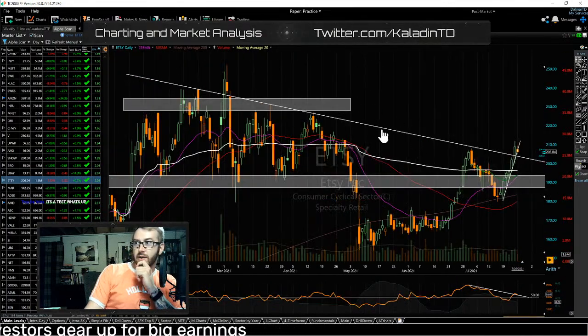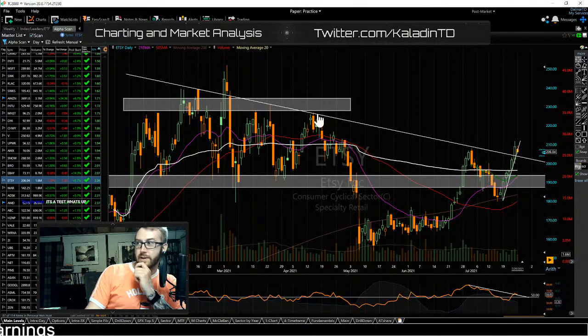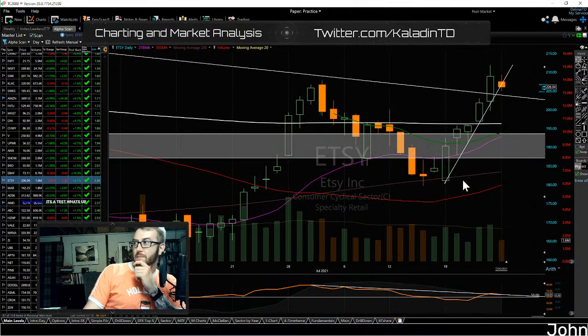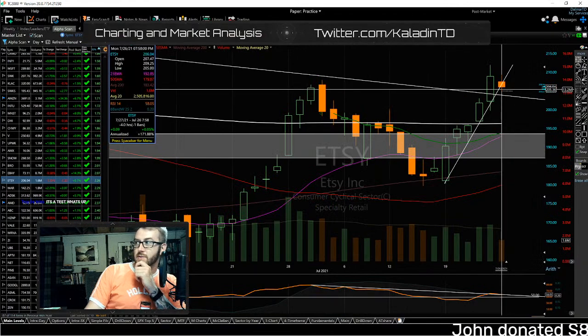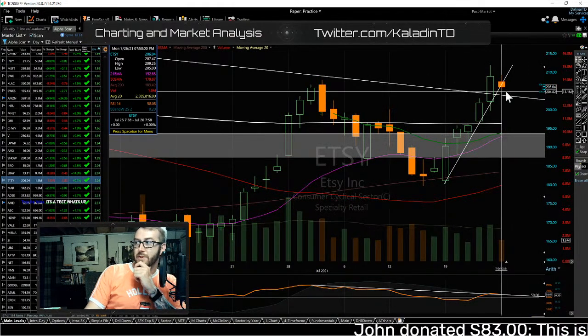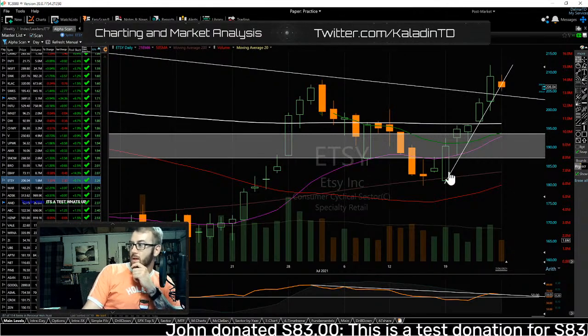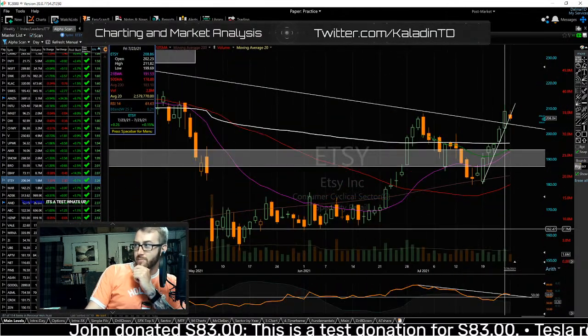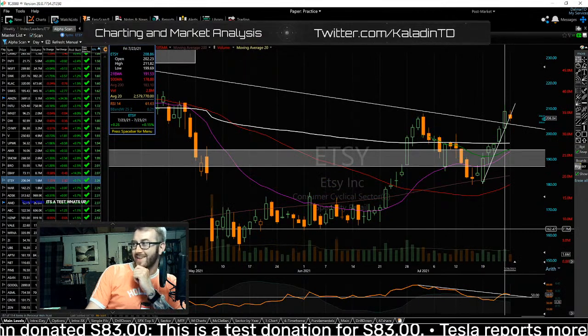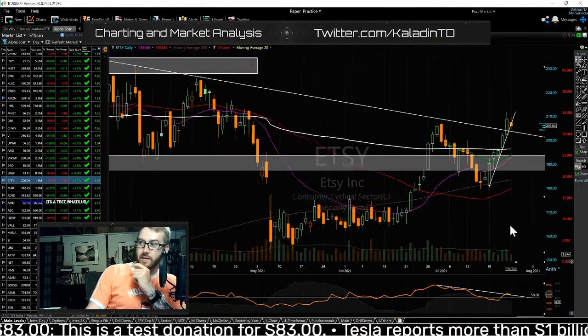This trend line looks a little bit different on another one of my platforms. It's a little sloppy right here. I ended up taking a small position right at the bottom of this day, pretty much. I like the action on the breakout. The selling volume today was really light. It's above many key levels.